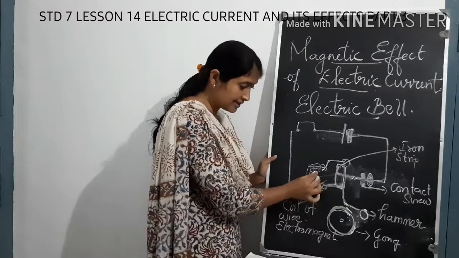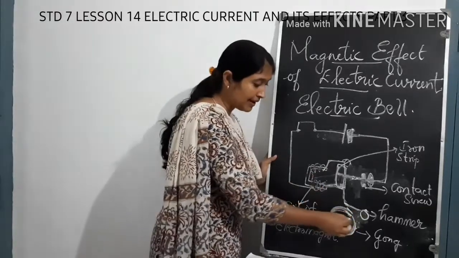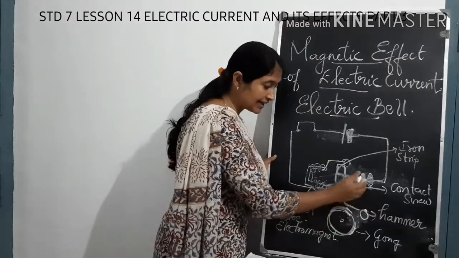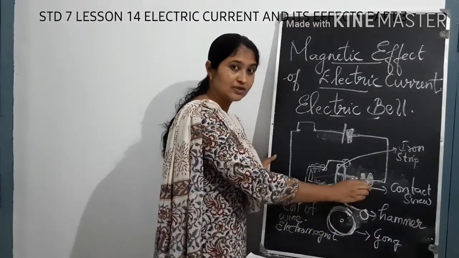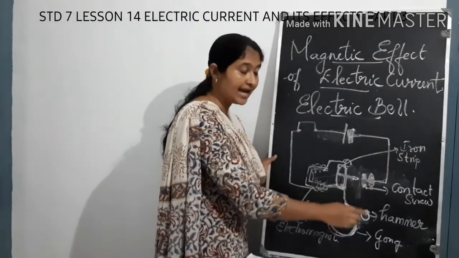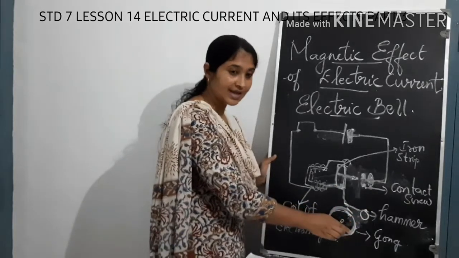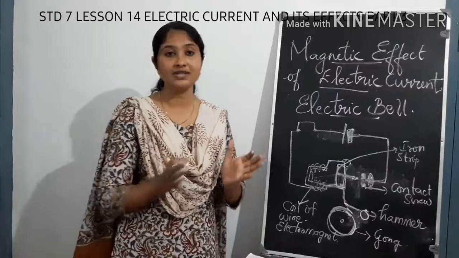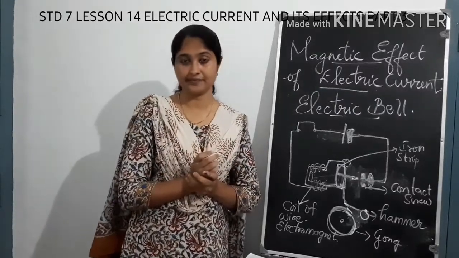This will pull this closer, so this will come and hit on this. Understood? So there will be a gap produced here. This will stop the current flowing and you will no more hear the sound. Then it will go back to the original position. So this is how the electric bell works.